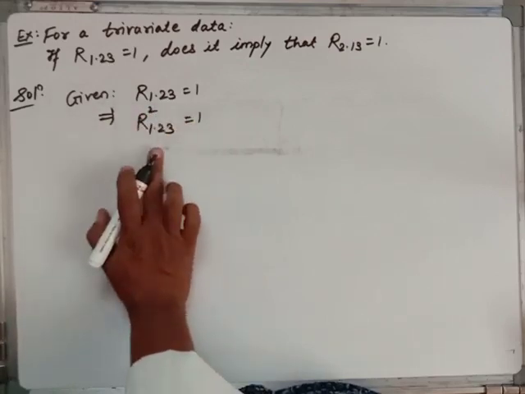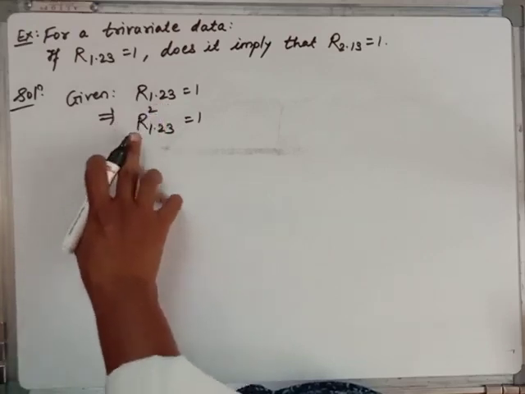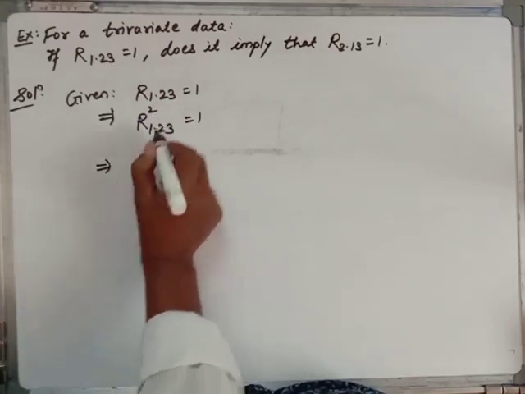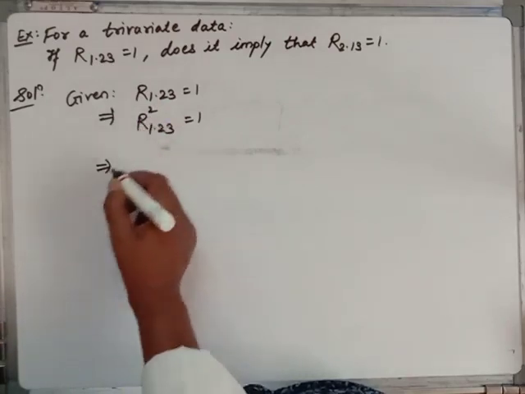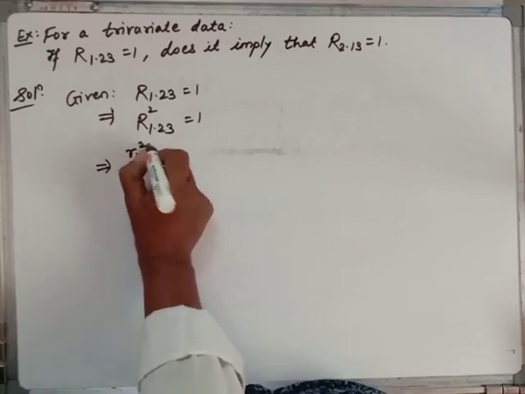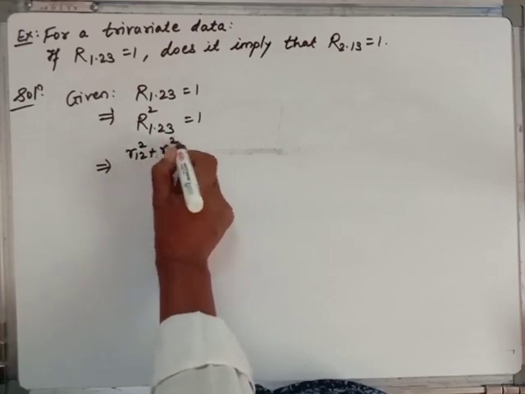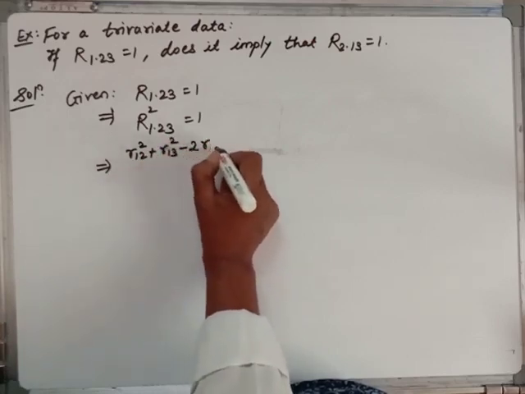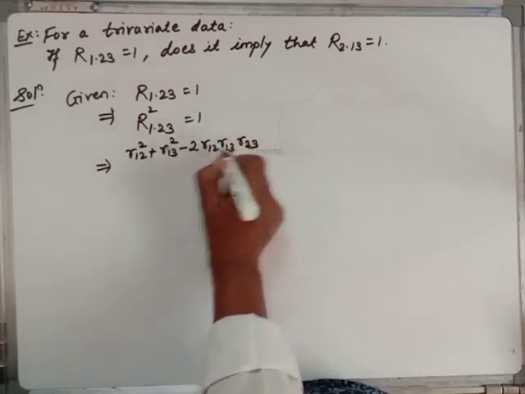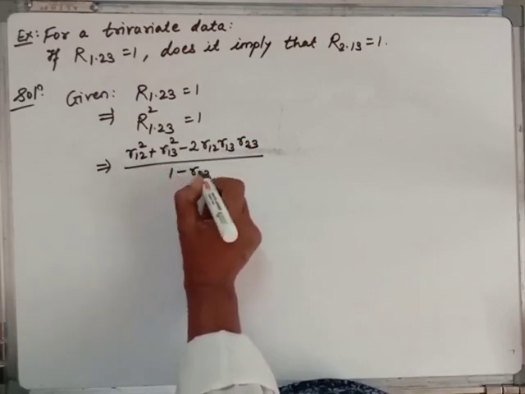Now why I am taking square? Because you know R1.23, that result is in a square root. So to remove square root, we have taken a square simply. So without square root, it will be just whatever the expression given in the middle. So it is R12 square plus R13 square minus 2 times R12, R13 and R23 upon 1 minus R23 square.